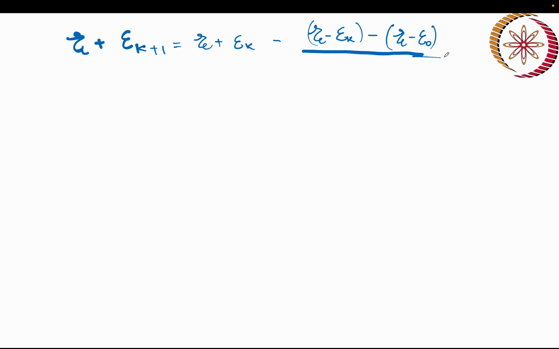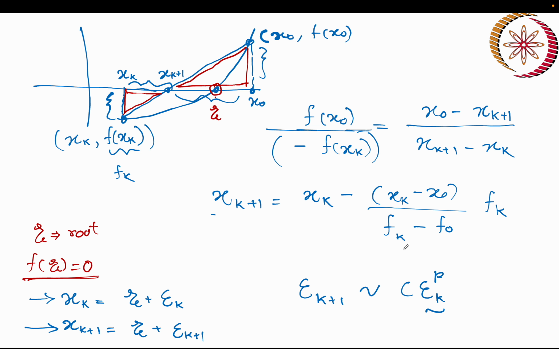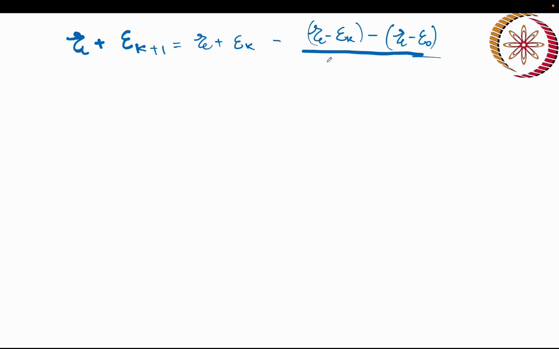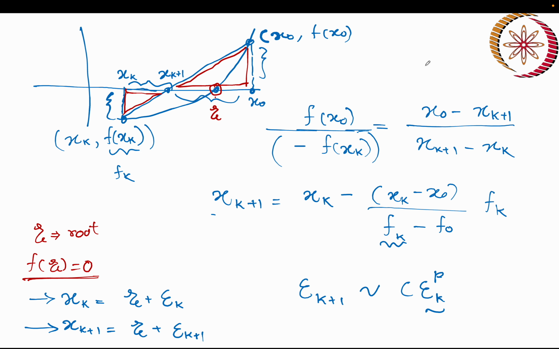So this is some constant offset, then fk, so you write fk as it is, minus f0 and fk.